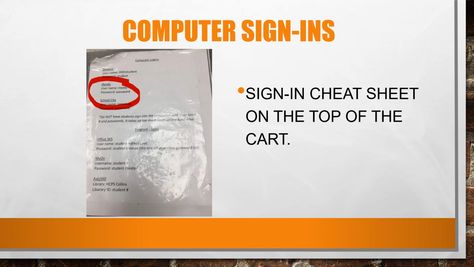When you are using School City for various tests, that's a different computer login. That's on there as well. And then when you're just using the computers for a lesson, for Nearpod, or for research, something like that, you're just going to use the generic student login, 0065 student. And those are mainly the logins that you're going to use.